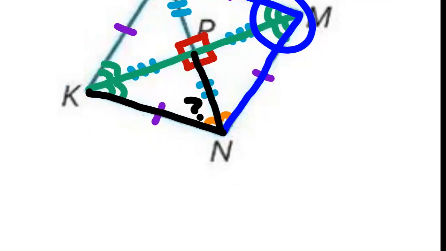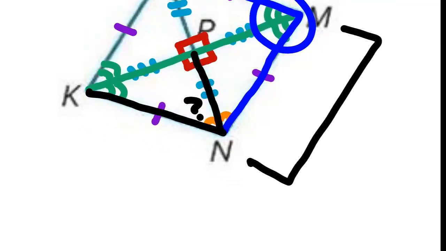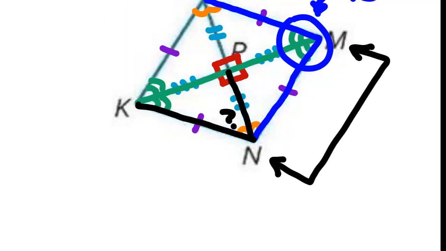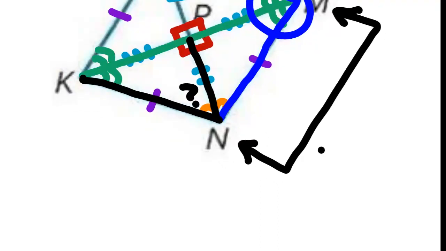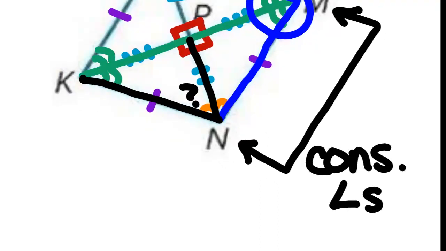There's a couple ways I could go about doing this. What do we know about these 2 angles? The one that I have circled there in blue, that whole angle M, and this whole angle right here. They're consecutive. And what do we know about consecutive angles on a parallelogram?